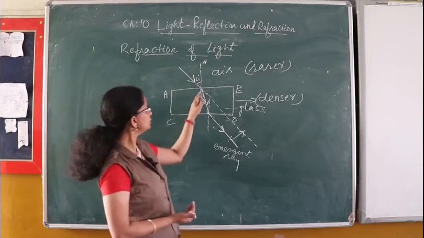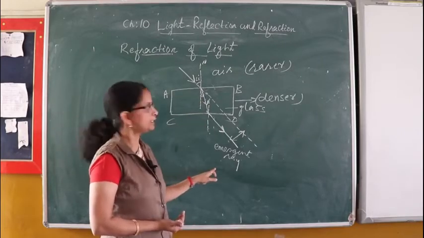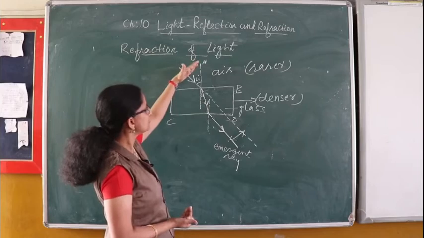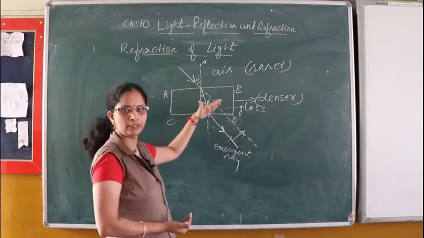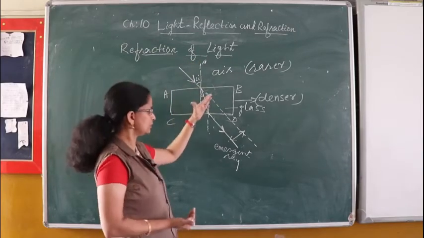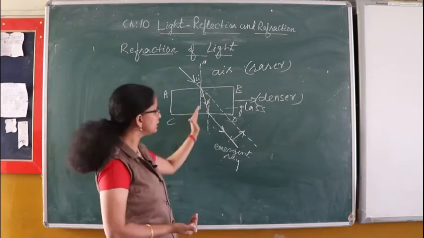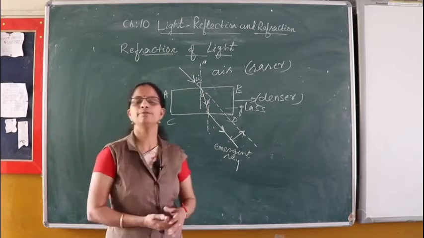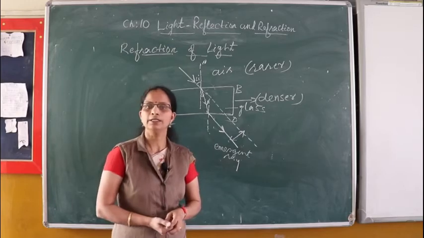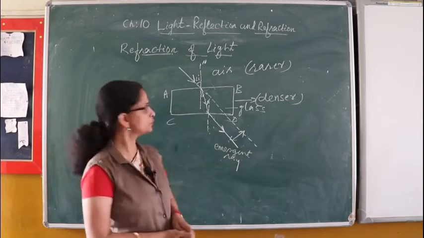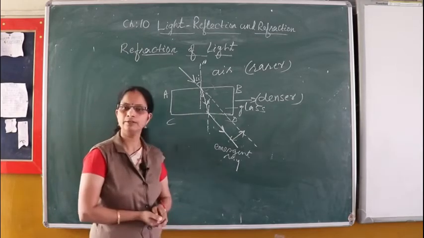Why did it change path two times here? That is because the light travels from a rarer medium to a denser medium, and from a denser medium to a rarer medium. In these media, the speed of light is not the same, it is different. In this way, refraction takes place.